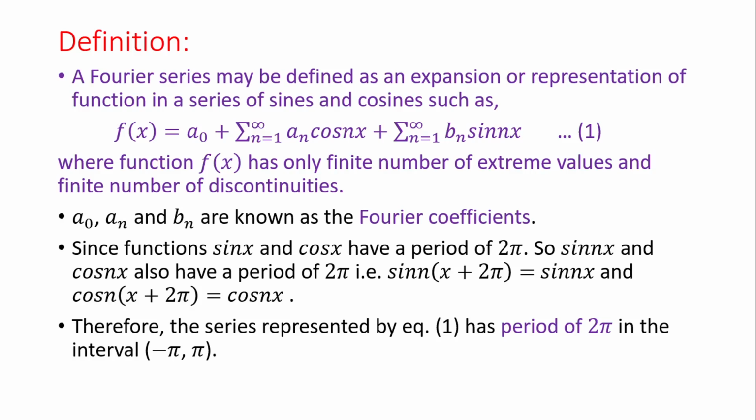So this is a Fourier series. Now what are a0, an and bn? These a0, an and bn are the constants or coefficients known by the name of the mathematician who discovered this series, that is Fourier. So these are called Fourier coefficients: Fourier series and Fourier coefficients.